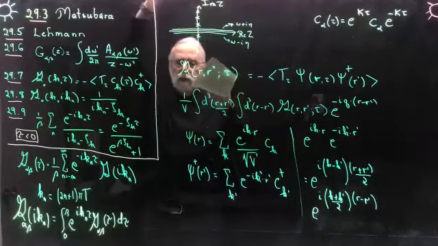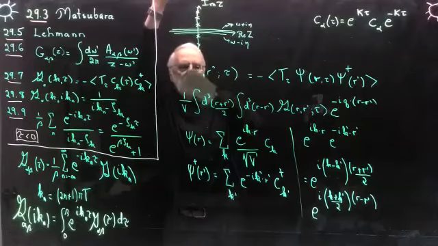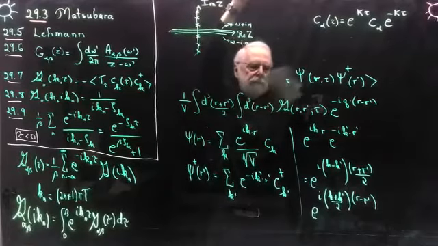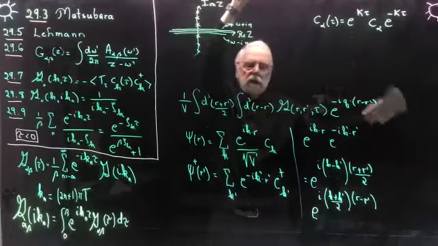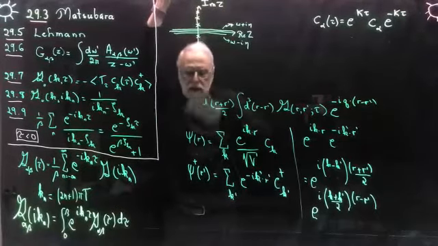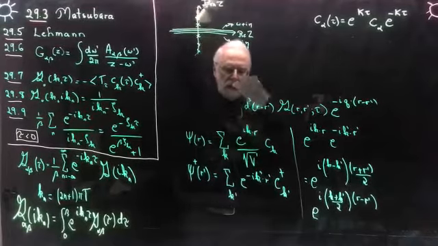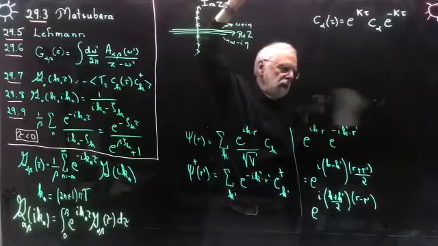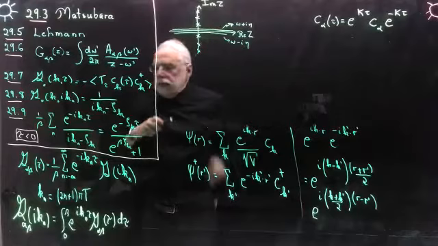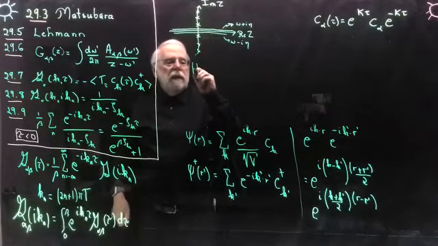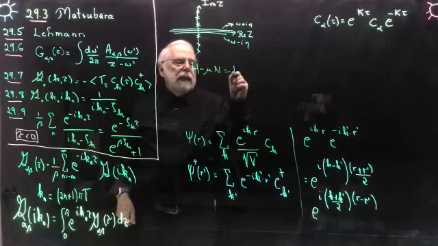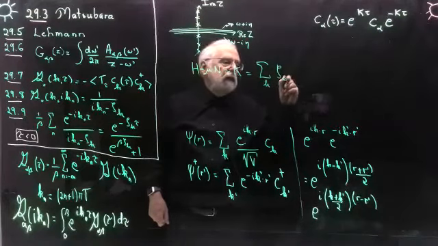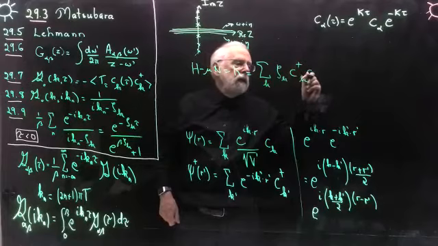Now, what happens if there are no interactions? If there are no interactions, so I write H minus mu N equals K equals the sum over k of zeta k times c dagger k c k.